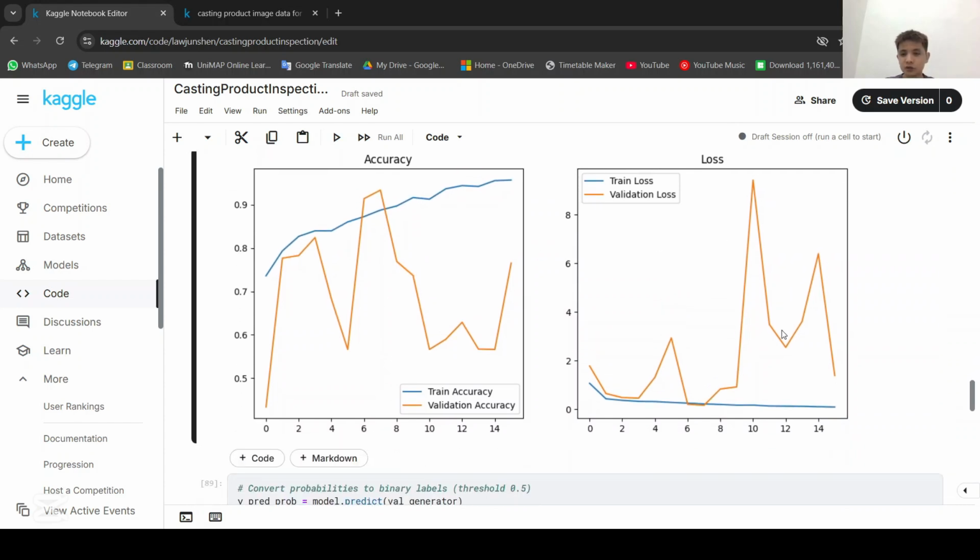For loss, the training is also decreasing steadily, so we get better generalization. But when measured on the validation set, we get the minimum at roughly 0.1, at epoch 6 or 7.